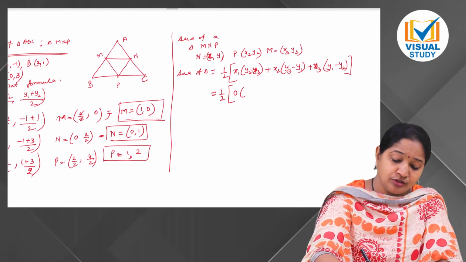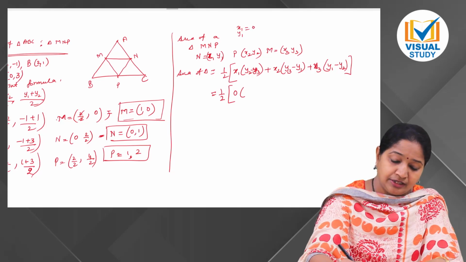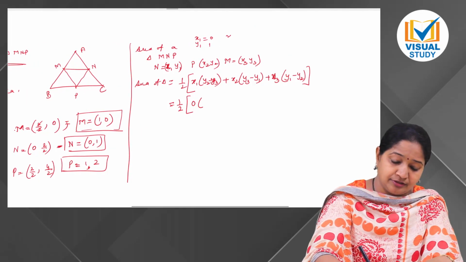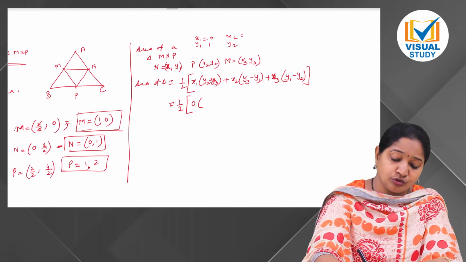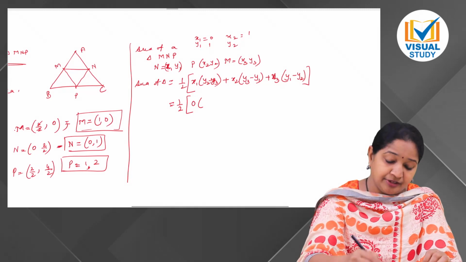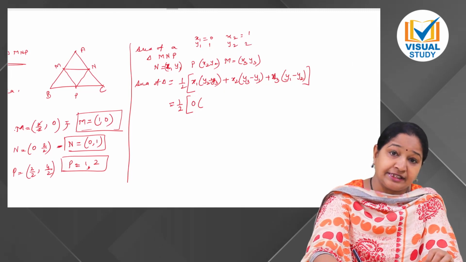N is (0, 1), so x1, y1 is 0 and 1. x2, y2 is P, so 1 and 2, and x3, y3 is 1 and 0.